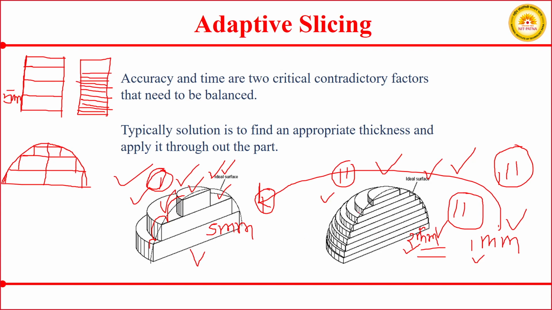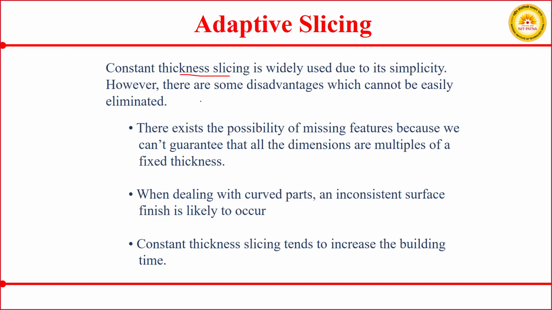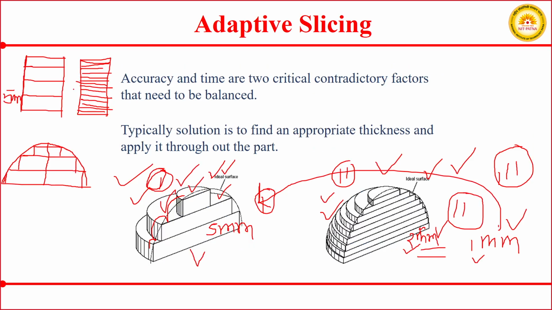But for surfaces which have features on them, you have to make a compromise between the surface quality and the layer height, or the layer thickness. The possible disadvantages with constant layer thickness are the possibility of missing features.